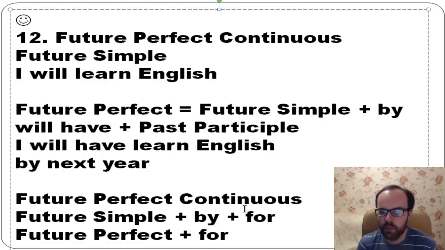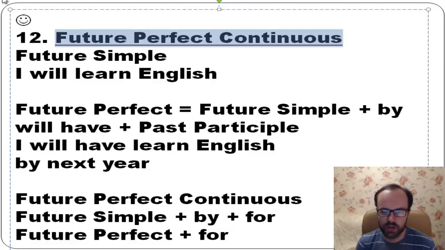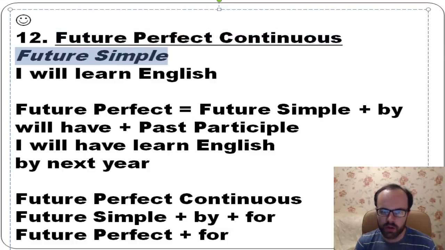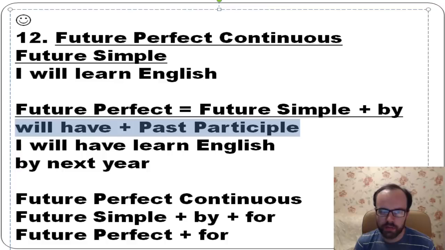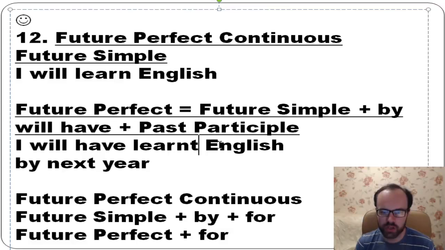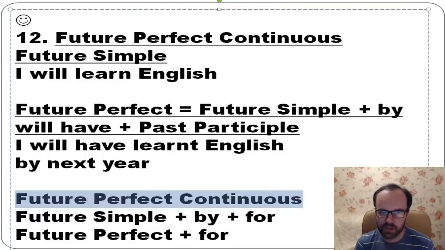So if you have by and for and you talk about the future, you need to use future perfect continuous. You know future simple, I will learn English. Future perfect is future simple plus by, formed with will have plus past participle. I will have learned English by next year. What is future perfect continuous? It's future simple plus by plus for, or future perfect plus for.